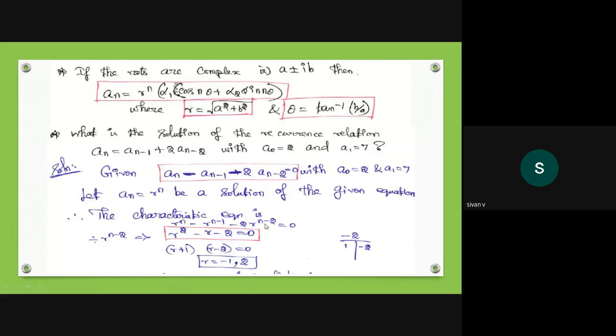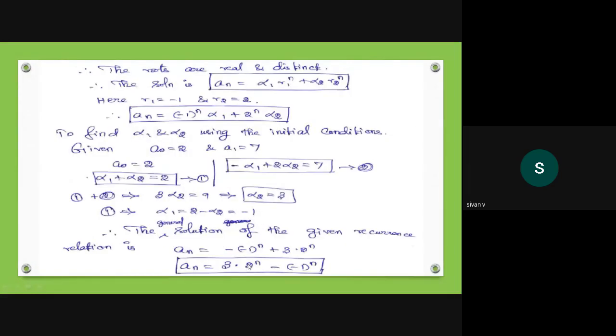Therefore, it becomes r square minus r minus 2 equal to 0. Now you can solve it. For r square minus r minus 2, the product is minus 2 and the sum is minus 1. Therefore, r plus 1 and r minus 2 equal to 0, so r equal to minus 1 and 2.